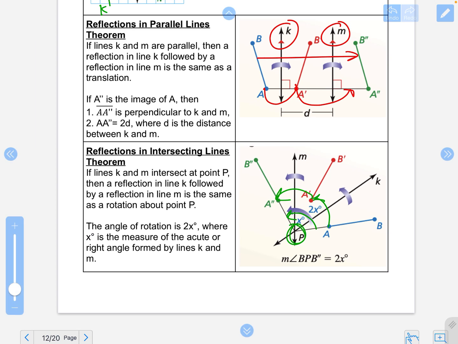Again, those are just two theorems. We're not going to spend a lot of time on them, but those are two that we have for this unit.